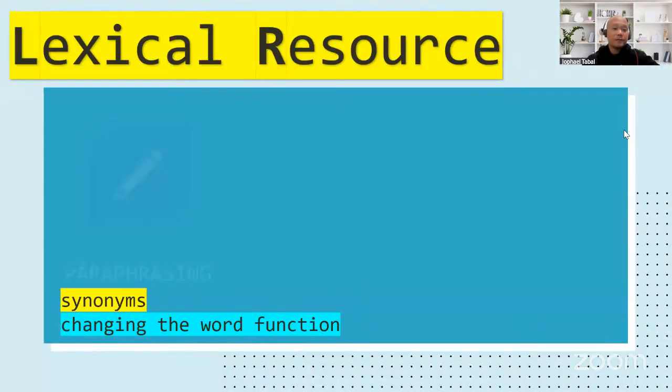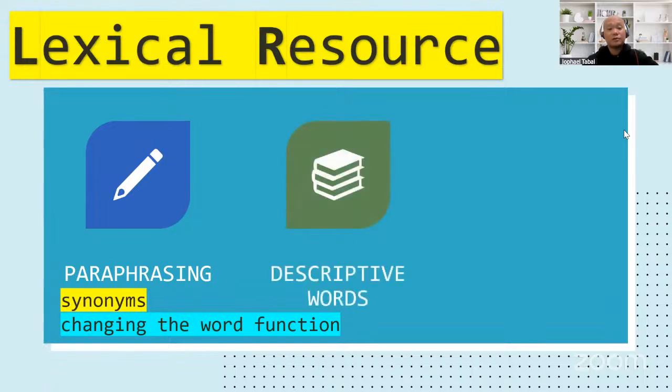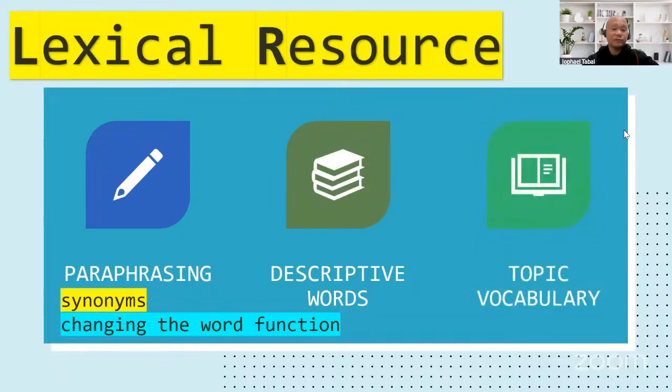So that's again the first structure for speaking at length: paraphrasing. When we paraphrase, that means we have to use synonyms or change the function of the word. Another criteria for vocabulary is the use of descriptive words, that means the use of adjectives and adverbs.